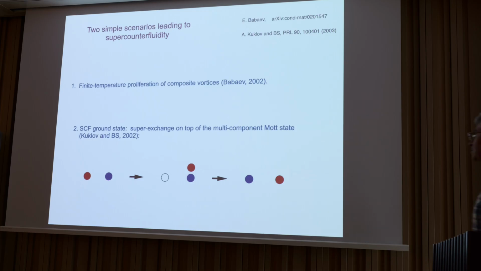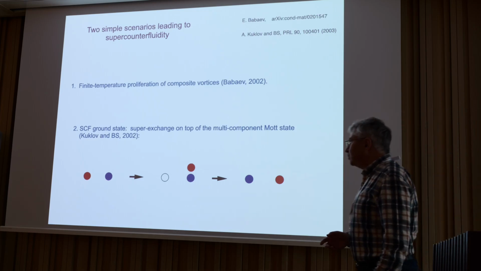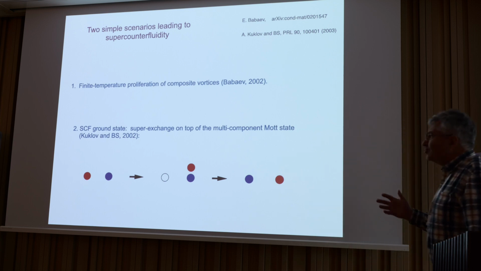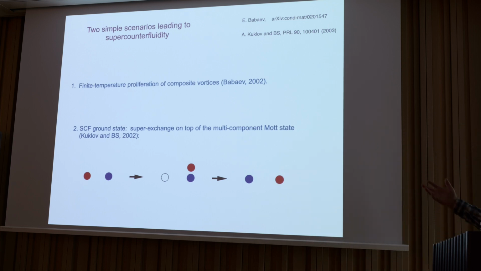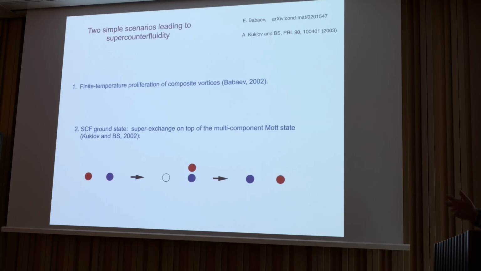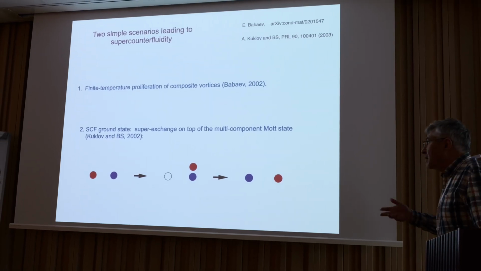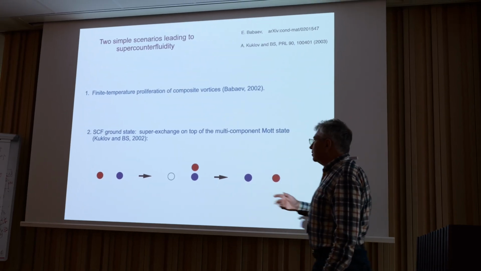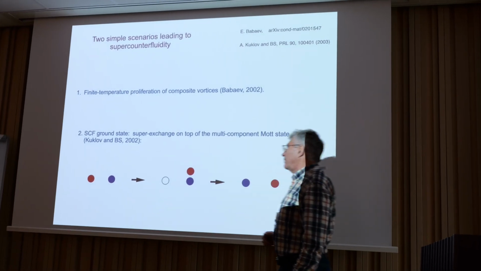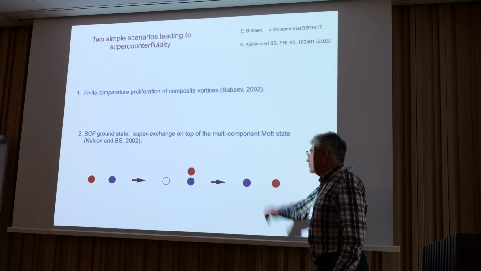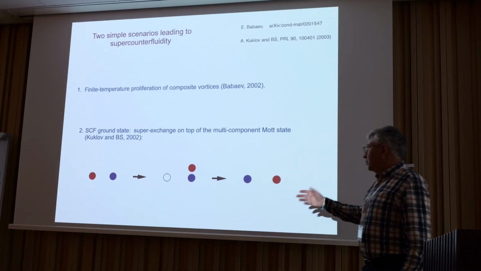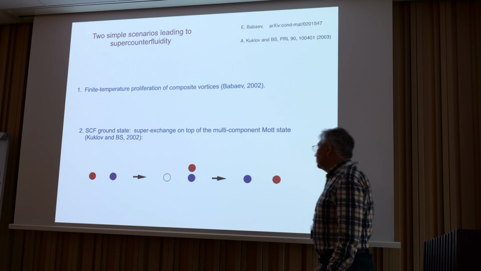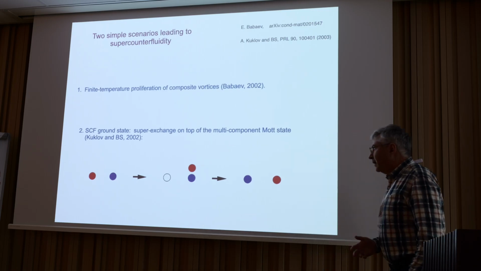So this scenario which we discussed with Anatoly is very basic. It's this scenario which is very well known, which stands behind magnetism. It's the super exchange. So if you have two components on a lattice, think of an optical lattice, so those are the sites of the optical lattice. You have two bosons, red and blue.